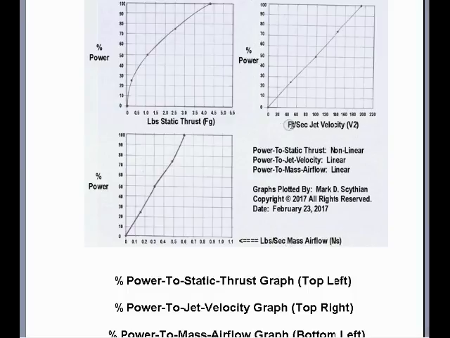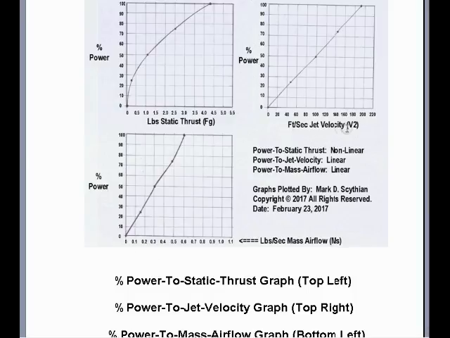For the jet velocity graph, in the x-axis we have 20 feet per second increments, and the y-axis we have 10% increments from 0 to 100. Same with the power on the y-axis for the third graph, and then we have 0.1 pounds per second mass airflow increments from 0 to 1.1 on the x-axis.